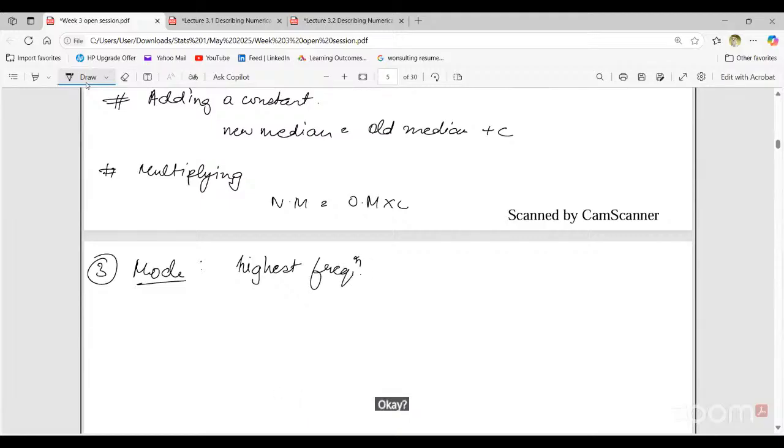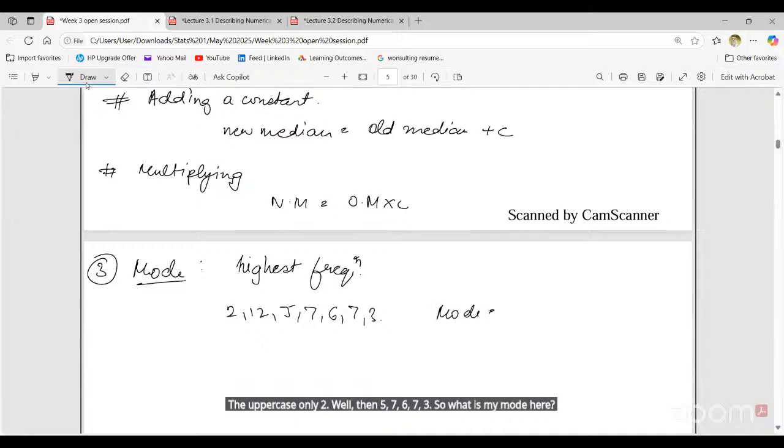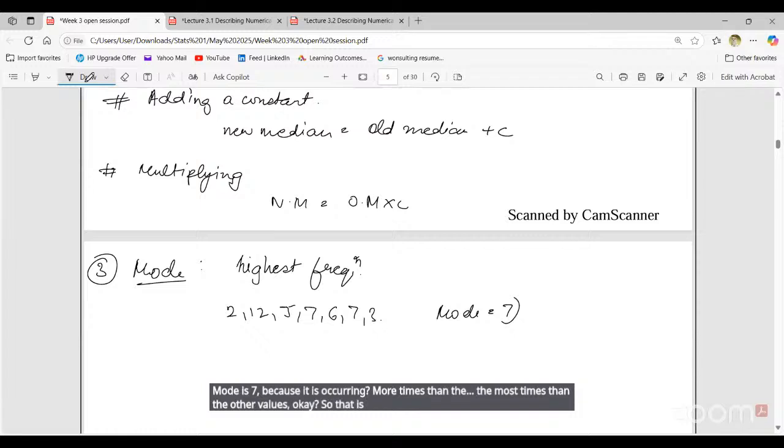Let's suppose my data is 2, 12, 5, 7, 6, 7, 3. What is my mode here? 7. Mode is 7 because it occurs more times than the other values.